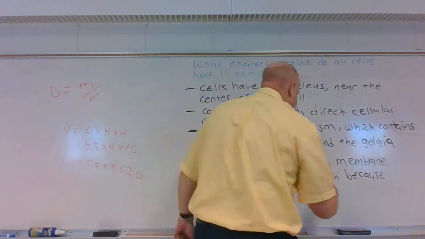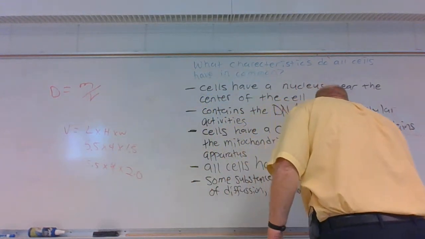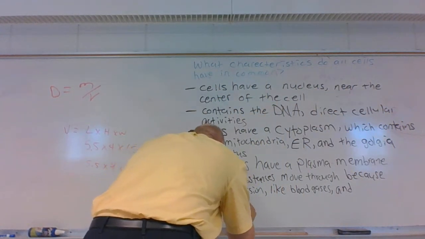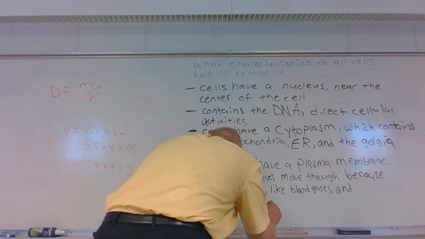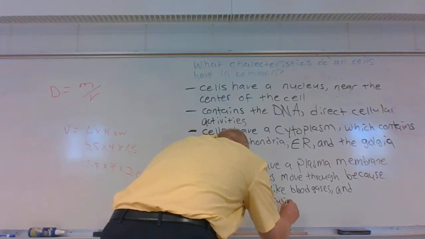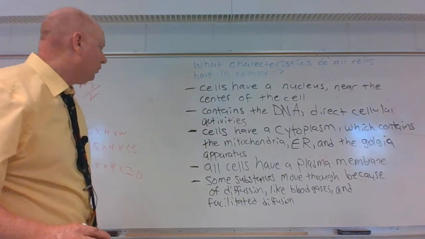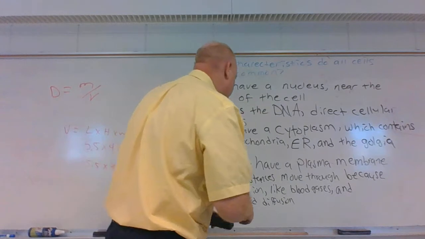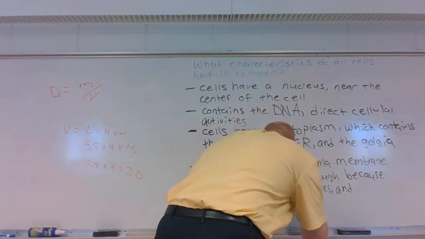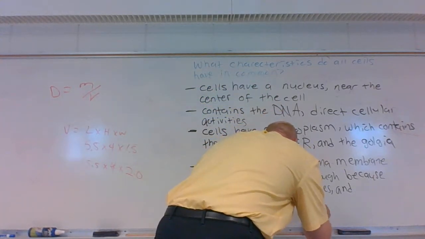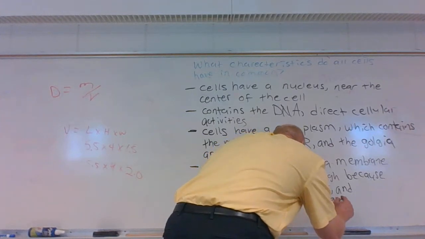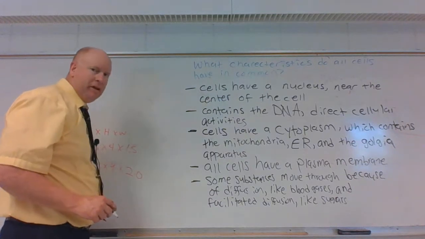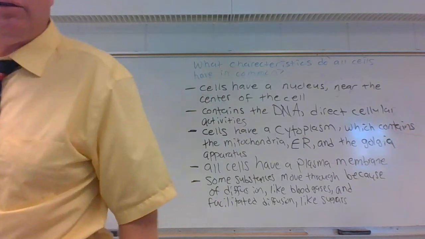And then the other is facilitated diffusion. What that means is those are substances that are too large to move through, like sugars and proteins. We'll just say like sugars. So they have to have an actual protein in the plasma membrane to allow them to move through.